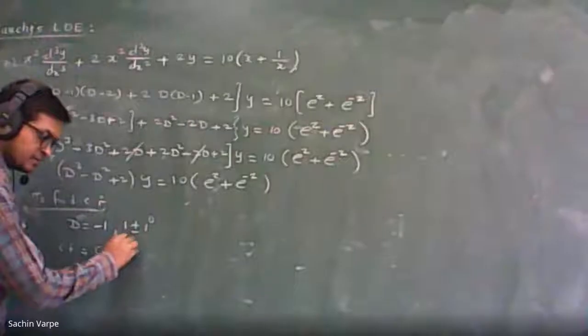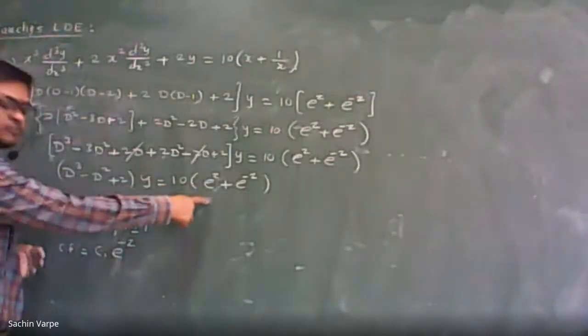C1 e raised to minus z, because z is the independent variable, plus e raised to z into bracket C2 cos z plus C3 sin z.